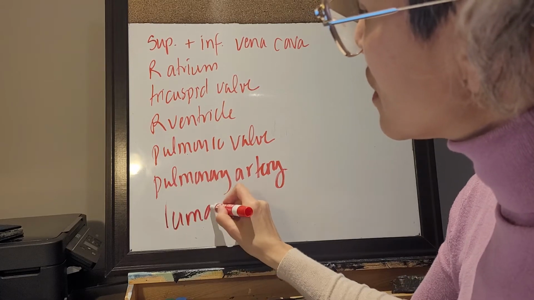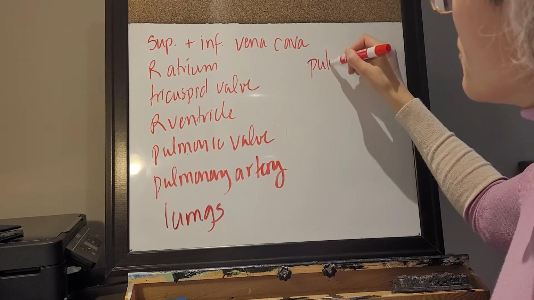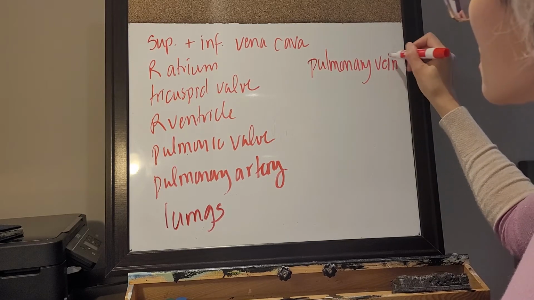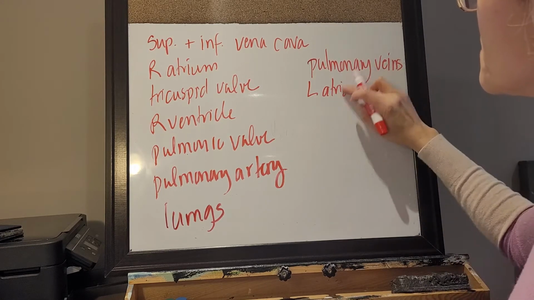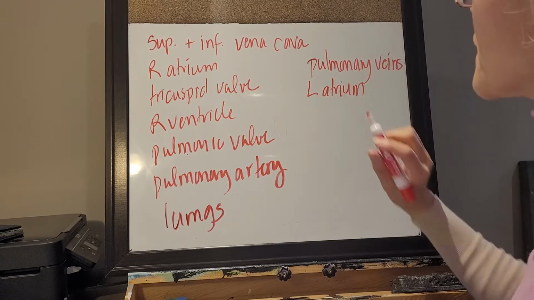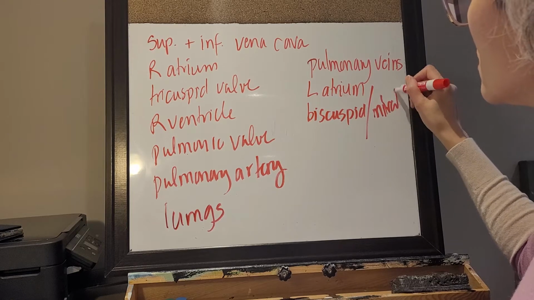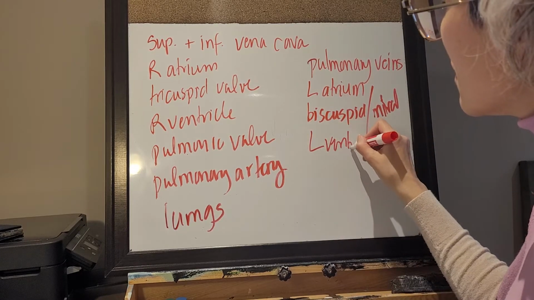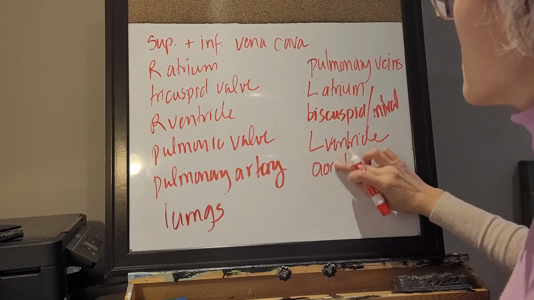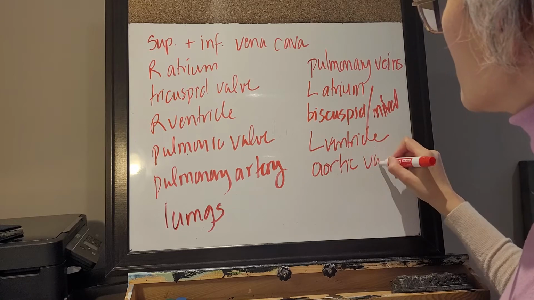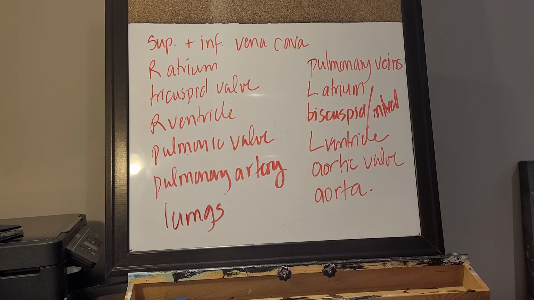I am at the lungs, and then I come back towards the heart via the pulmonary veins into the left atrium, past the bicuspid, mitral valve, into the left ventricle, and then out past the aortic valve, through the aorta. And that's blood flow.